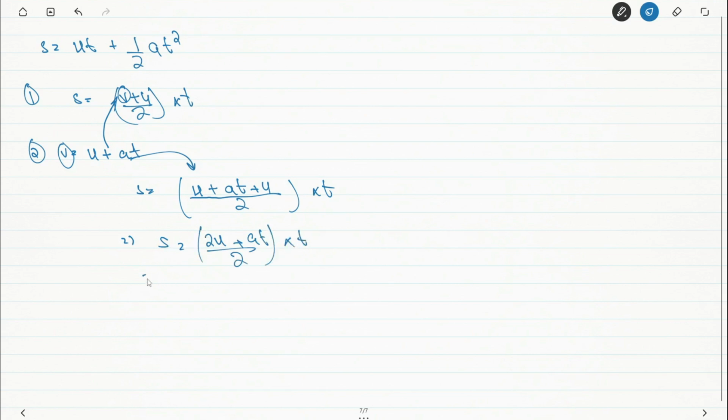So this becomes s is equal to 2ut plus at square, all divided by 2. Now, the 2 here cancels out, so this becomes ut plus 1 over 2 at square. So this is the derivation of this equation.